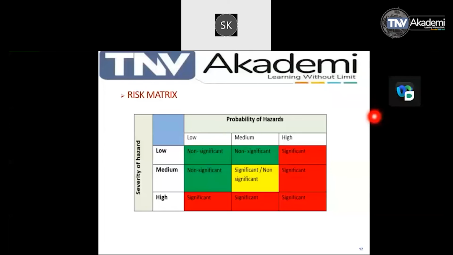You can calculate on the basis of your experience or the risk of your process. So you can give your own ranking also. For example, instead of low, medium, high, you can use minor, major, critical. On the basis of your process and steps, you can take the numbering and build the risk matrix accordingly.